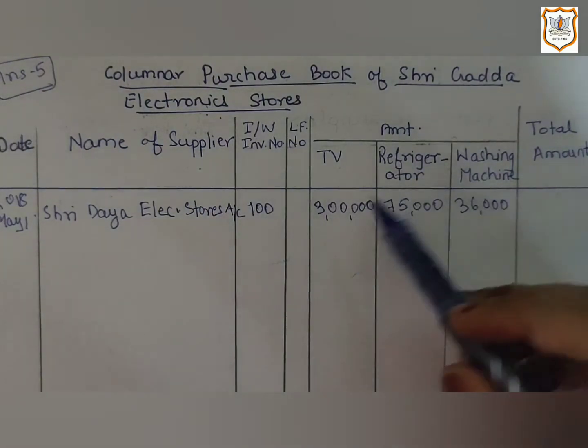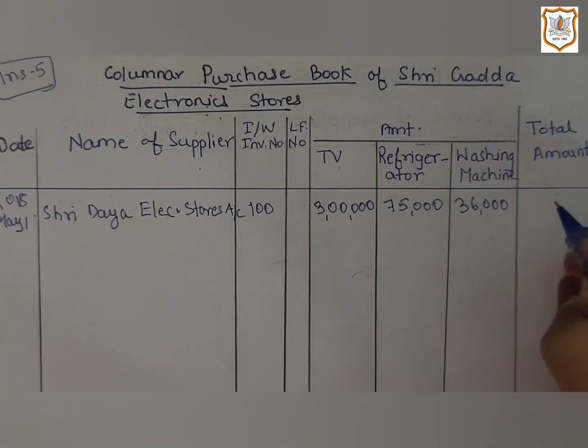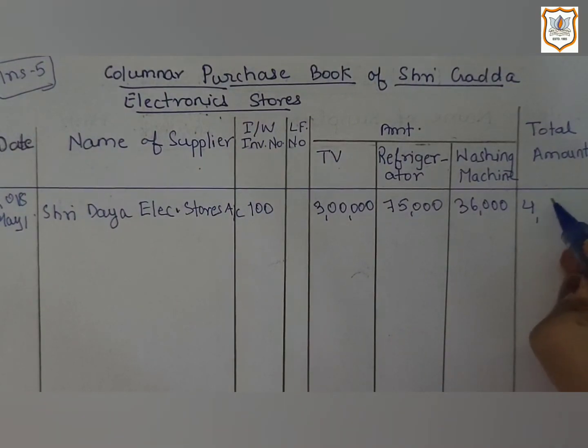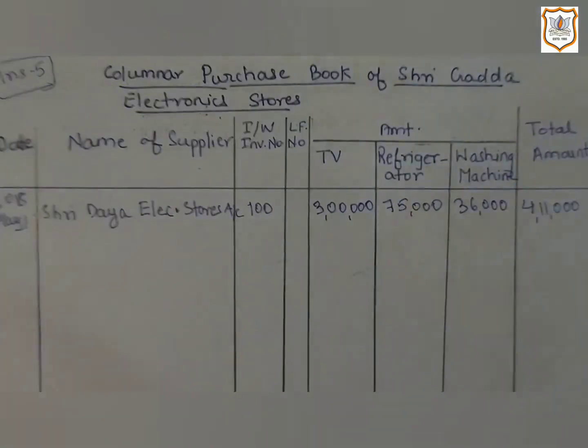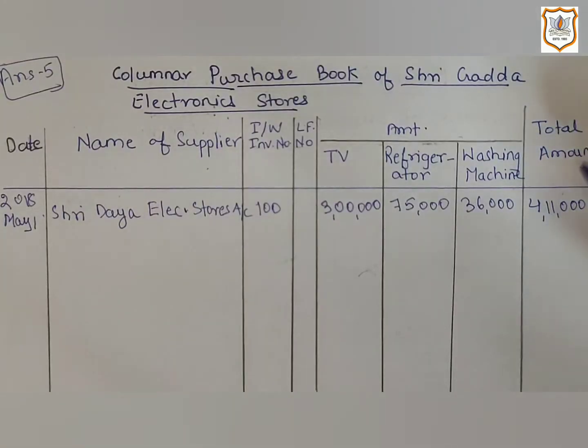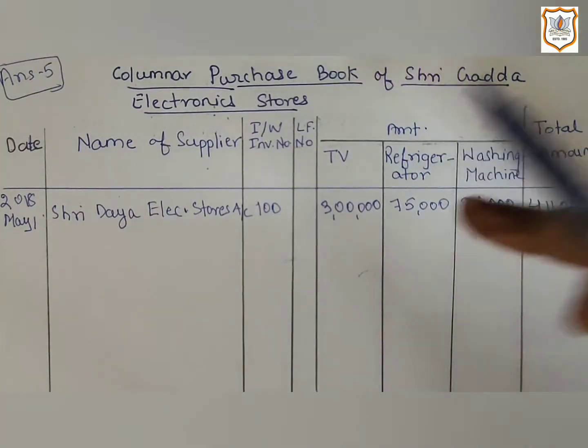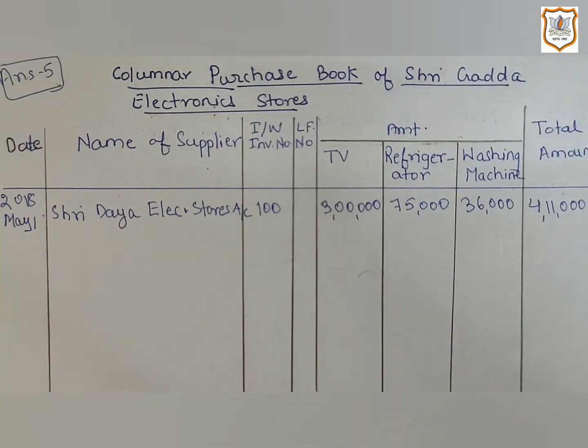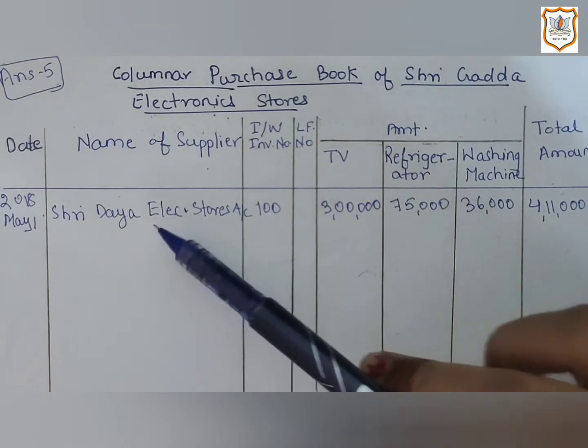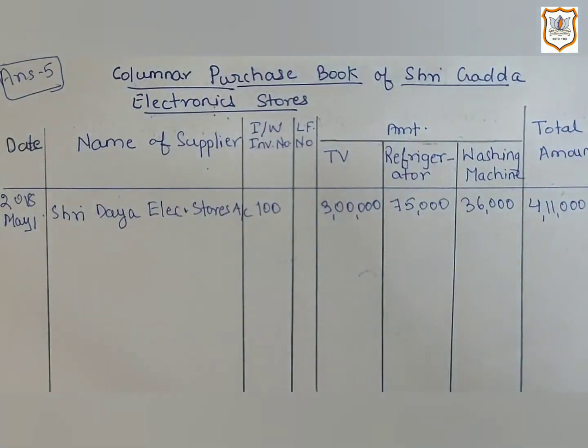Now we will add these. By adding, we will get 4,11,000 as the total amount. So in this way, in the last column, the total of the amount of various goods, that is TV, refrigerator, washing machine, purchased from one party, that is Shri Daya Electronic Stores, which are noted in individual columns, is mentioned here.